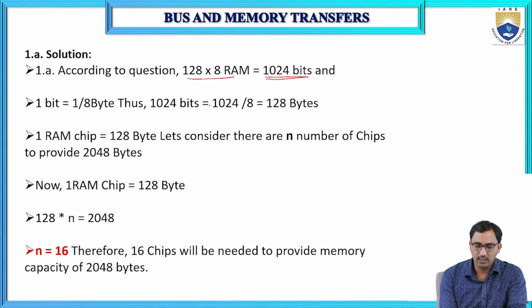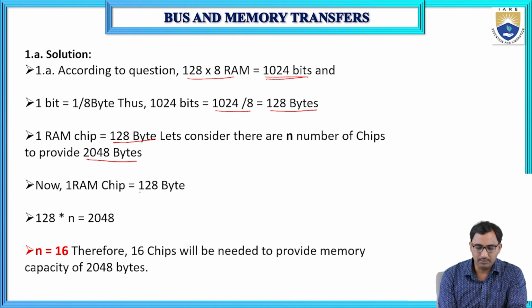If you divide 1024 by 8, we get 128 bytes. So one RAM chip can provide 128 bytes. Like that, to find the number of chips required to provide a memory space of 2048 bytes, we have to divide 2048 by 128.